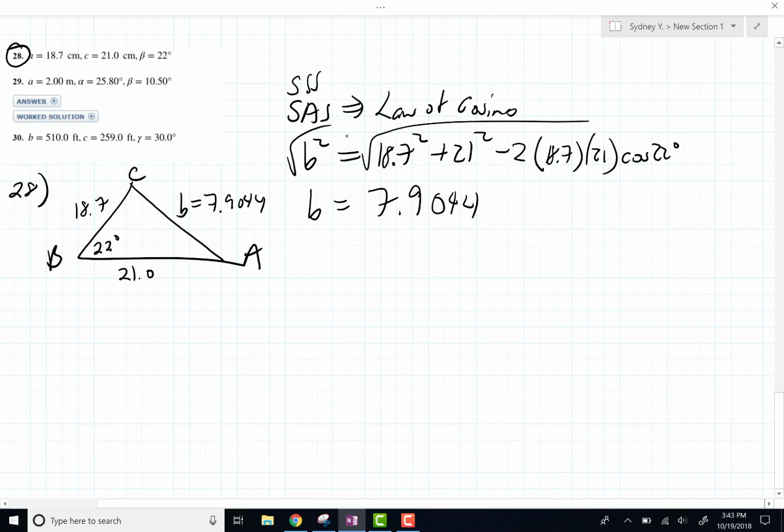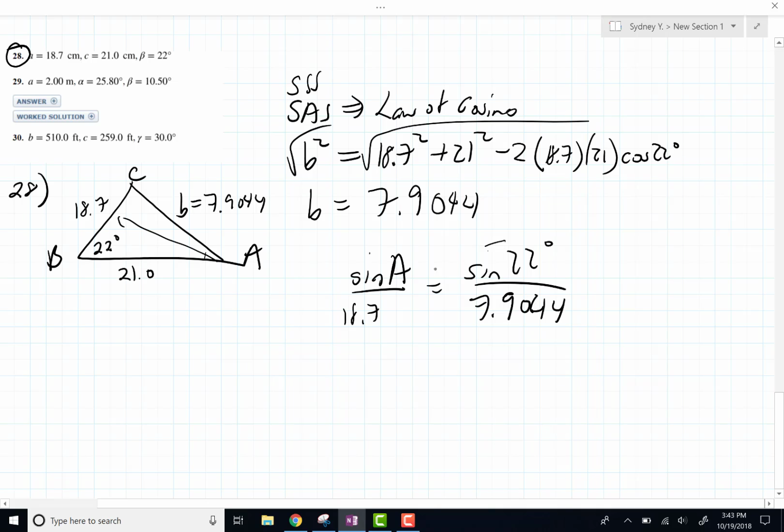And then once we use law of cosines once, you never have to use it again. You can just go back to law of sines. So I'll do maybe the sine of A over its opposite side, the 18.7, equals the sine of B, that 22 degrees, over its opposite side that we just found. And then you do your cross multiplying. You multiply on the angle that you can and divide by the other guy.